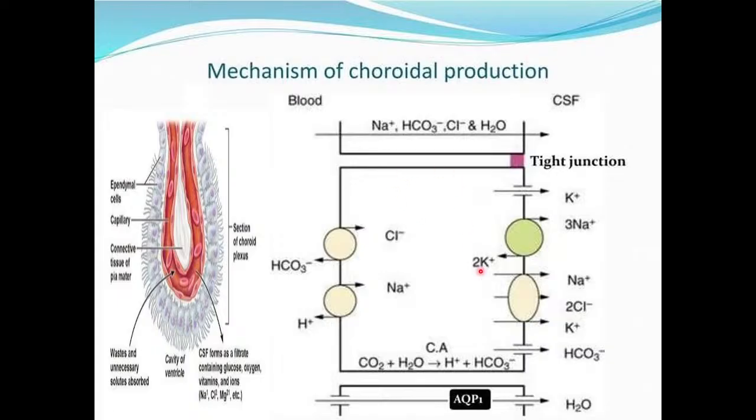This is a cellular level diagram of how CSF is secreted. The major part of CSF is water. Water is actively secreted by aquaporin 1, and another major part is carbonic anhydrase. CO2 and water, in the presence of carbonic anhydrase, convert into hydrogen ion and bicarbonate, which is secreted.